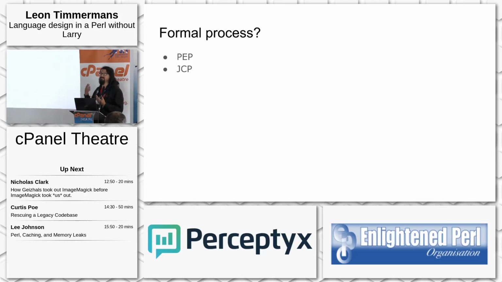Also, formal processes need a lot of resources, and we don't necessarily have them. Python has, I forgot how many, the PEP process has like 8 or 10 editors, and every PEP needs one of those editors, and it's a very big thing to do. I don't think we can do this right now.